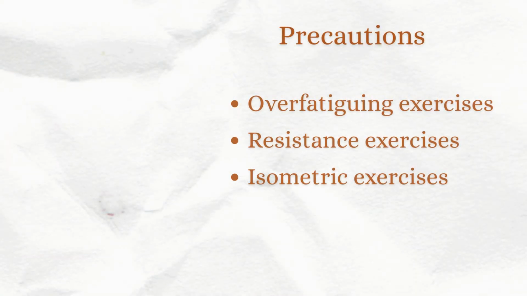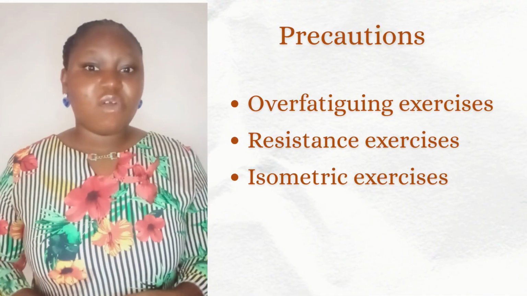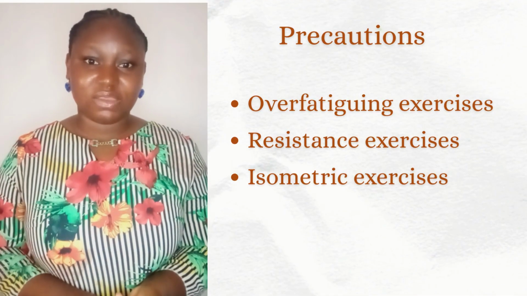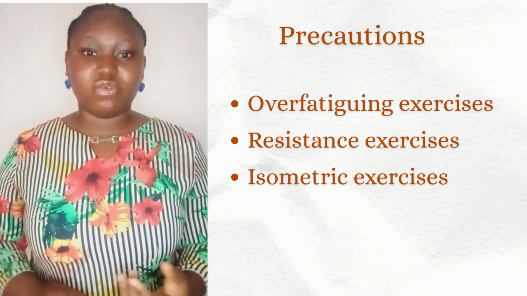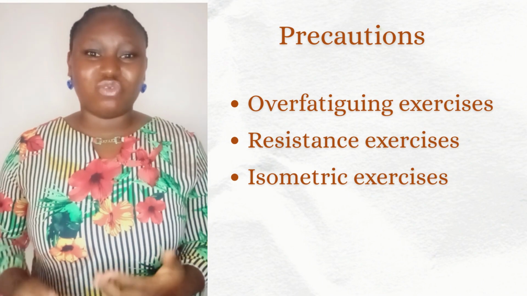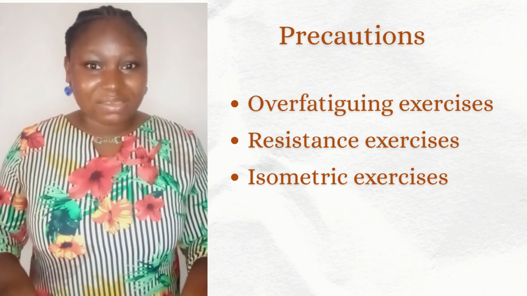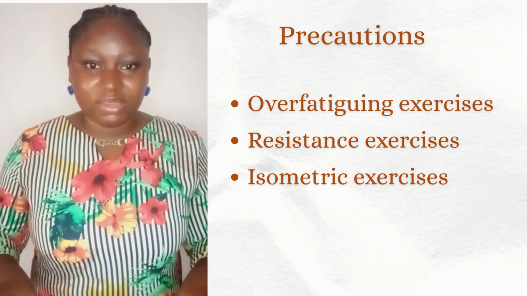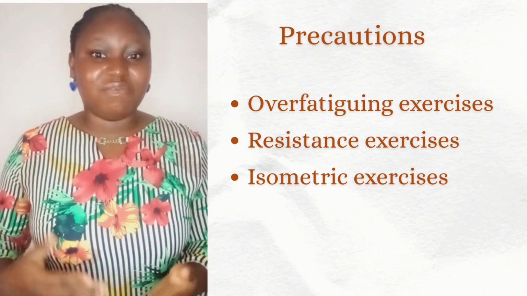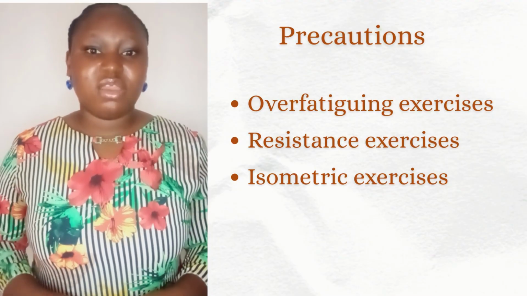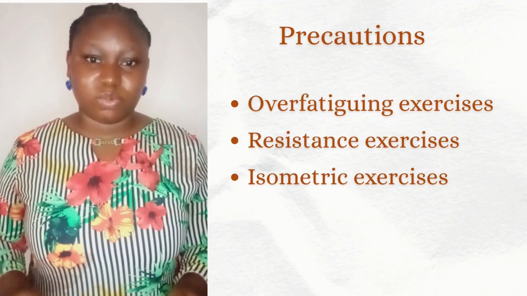Now, things to actually avoid during treatment. First is over-fatiguing exercise, because this child is having their muscle fibers broken down over time. You don't want to fatigue them because normally, as a matter of fact, they're actually fatigued easily. So you don't want to give them over-fatiguing exercises. Then you avoid resistance exercises as well.